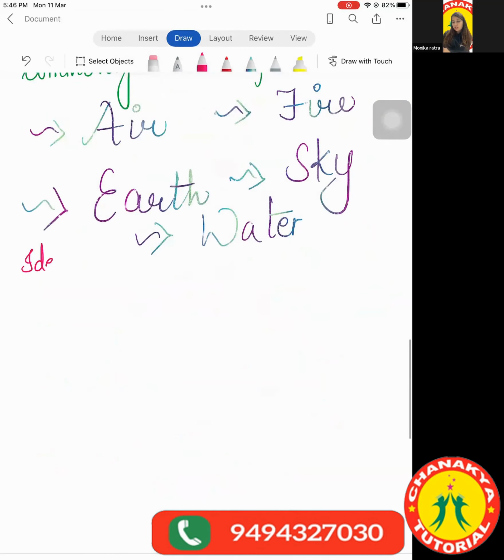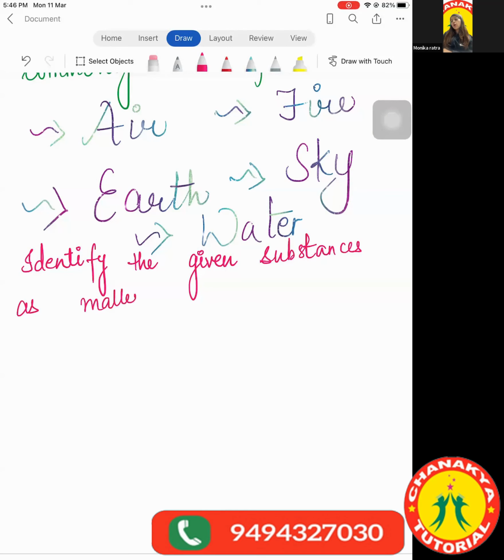Identify the given substances as matter or not. In case anyone is unable to understand any point, you may stop me and ask. I will ask you the questions one by one, and you are going to tell me.